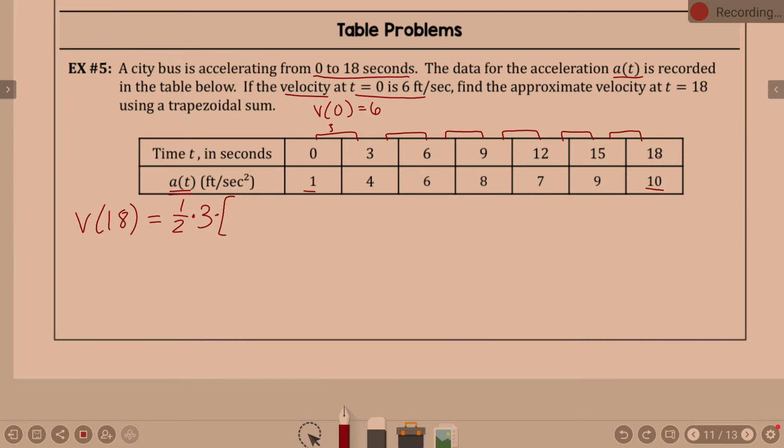And that left side does only get used once. But then once you get in between trapezoids, one side of a trapezoid is both a left and a right side of one and a left side of the other. So the first height is going to be a 1 plus 2 times 4, 2 times 6, 2 times 8, 2 times 7, 2 times 9, plus 10. That was our shortcut for trapezoidal.